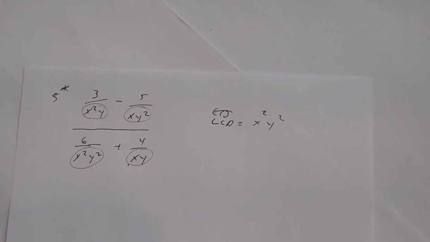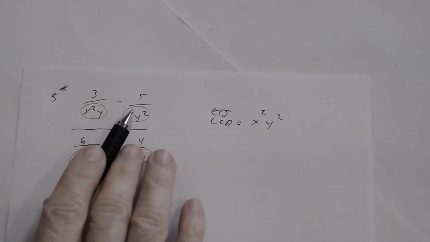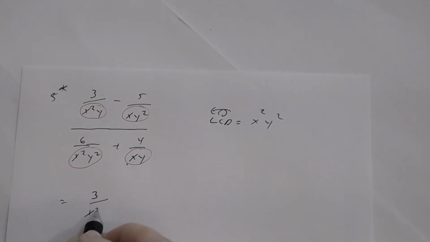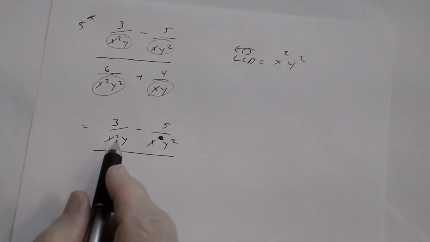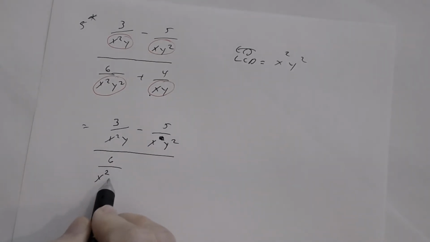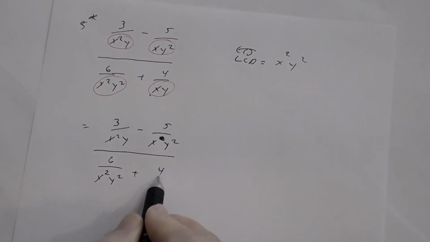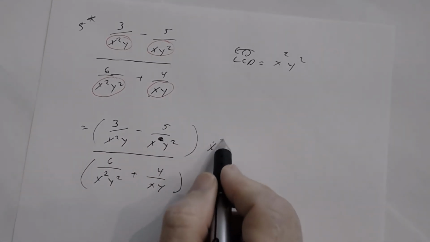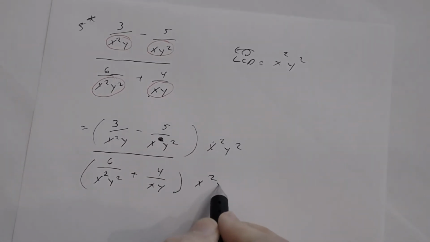Once you find your LCD, you're going to multiply all of these fractions by it. But basically what's happening, we'll go ahead and write this over just to show you. You're going to be multiplying both numerator and denominator by the LCD, just like that.